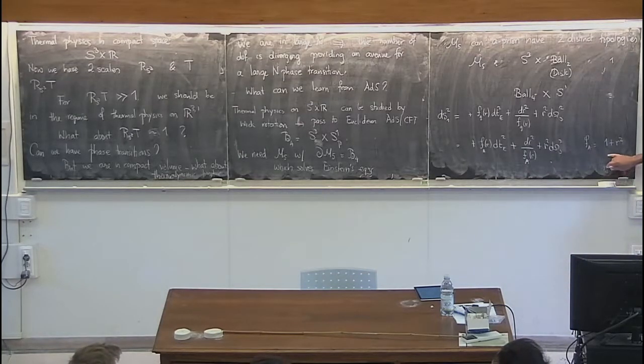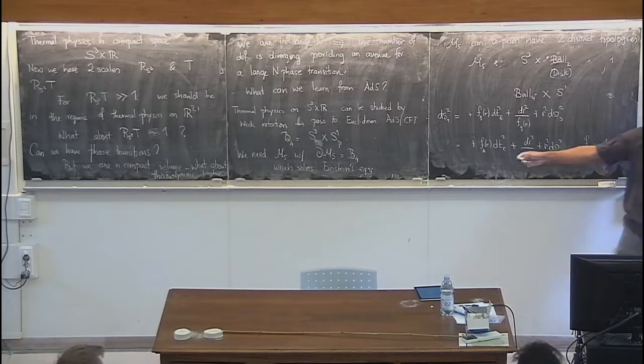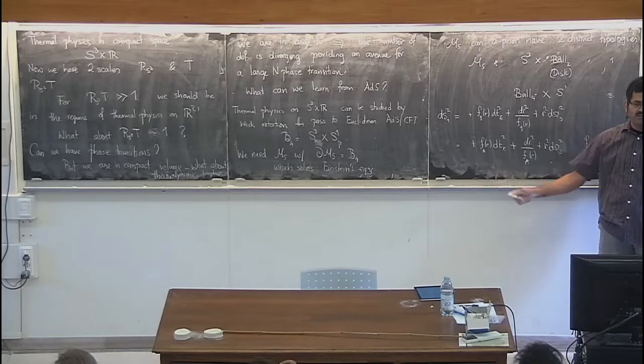The second solution, where the geometry is topologically a 4-ball times a circle, I just take the usual AdS solution, the global AdS solution, and analytically continue time. So f is 1 plus r squared. At r equals 0, the 3-sphere shrinks to 0 size, like at the origin on R4. But the Euclidean time direction stays finite size.